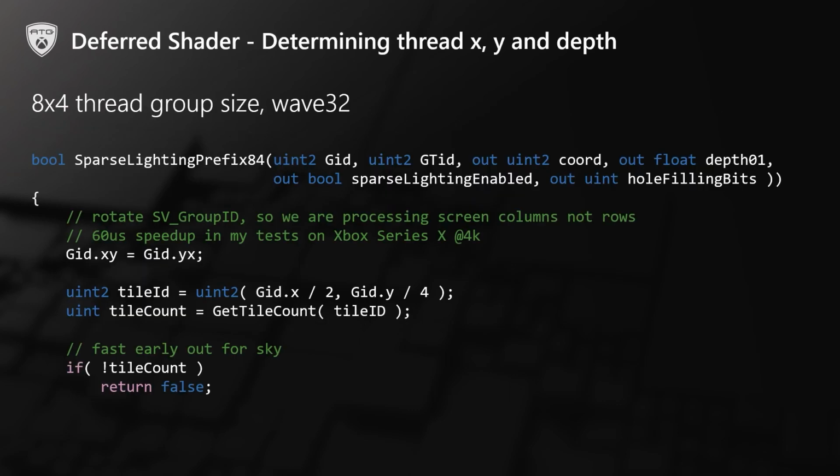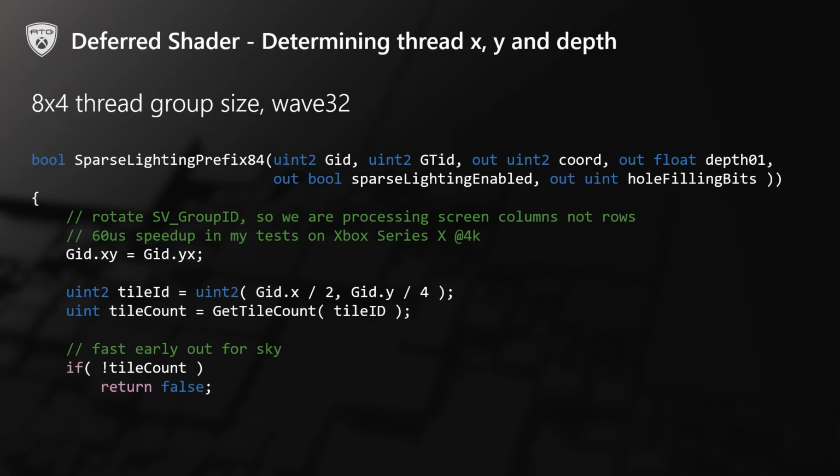So every deferred lighting shader starts off computing the pixel XY that it's going to light and reading depth for that pixel XY. And in the case of sparse lighting, this is performed by a function. You simply call a function that takes the group ID and the group thread ID as inputs. It's outputting this coordinate, the pixel XY.